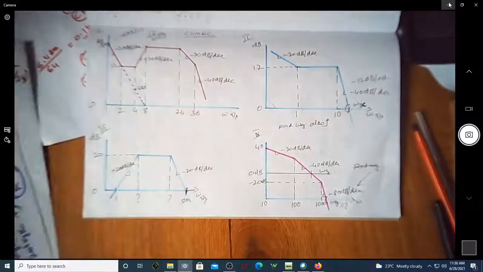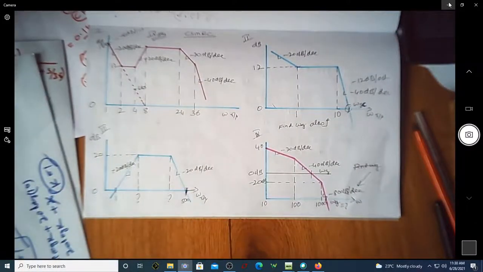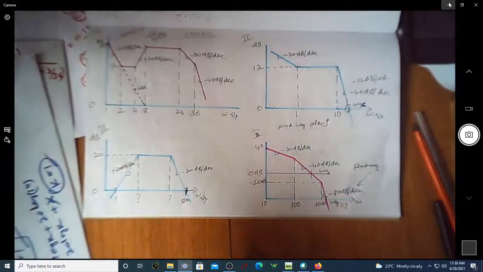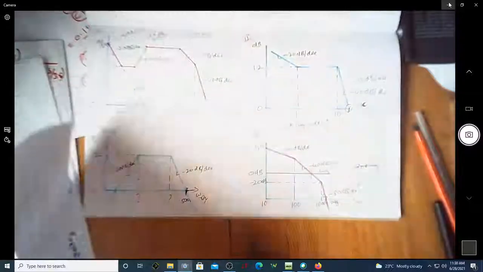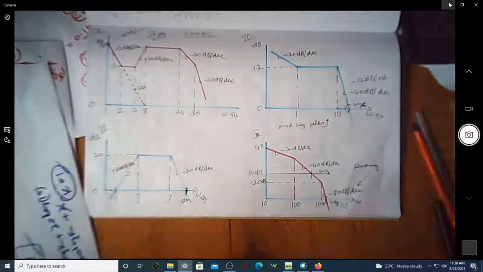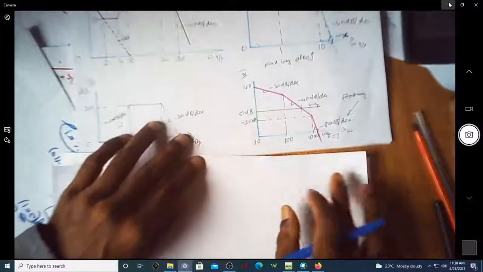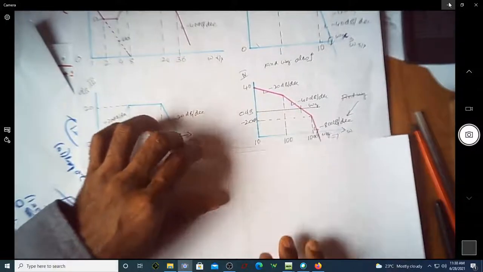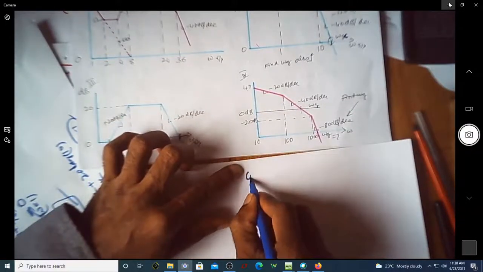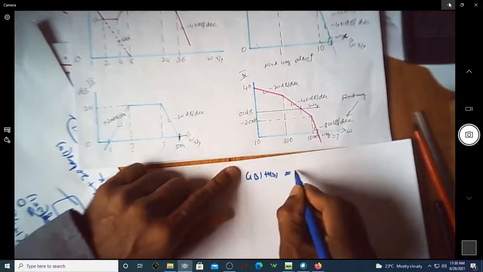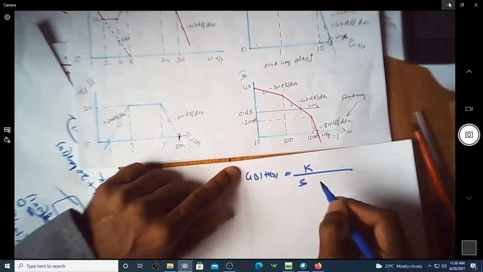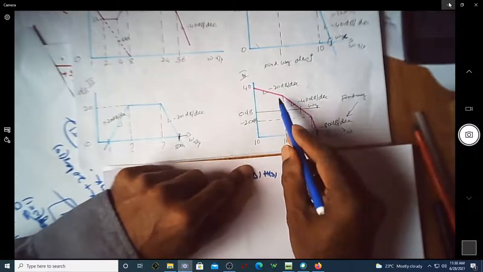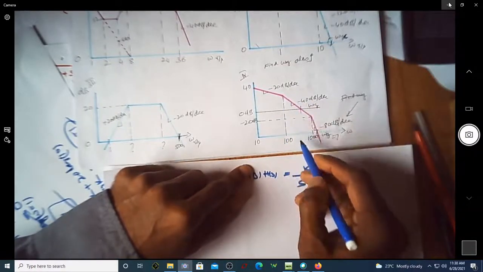If you look at the fourth problem, let us find what is this transfer function. The initial slope is minus 20 dB per decade. So you can write G(s)H(s) as equal to K by S, and there is a change in slope from minus 20 to minus 40 dB per decade at 100.